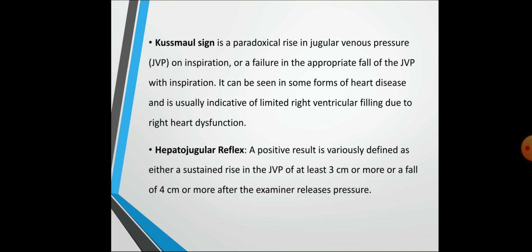It is seen in certain types of heart disease, and it is usually indicative of limited right ventricular filling due to right heart dysfunction. Kussmaul's sign is also indicative of right-sided heart dysfunction.